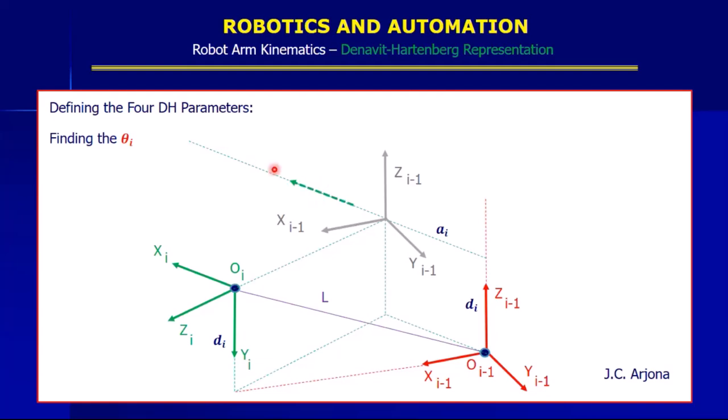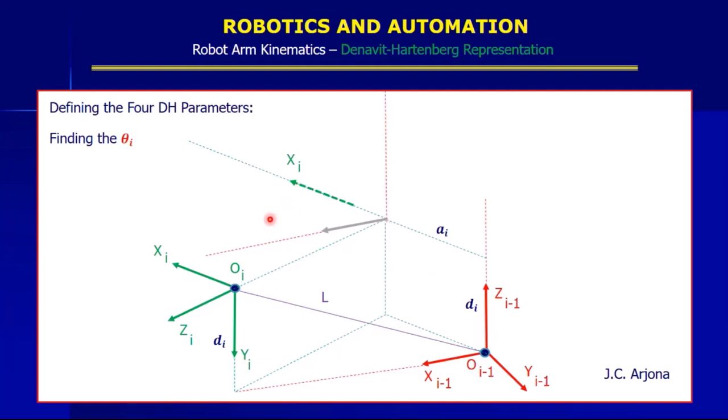So this is our xi. And also we project a line along the zi minus 1. And then this is our xi. And then we will project a line with respect to xi minus 1. Our objective here is to rotate that will approach xi minus 1 to xi.